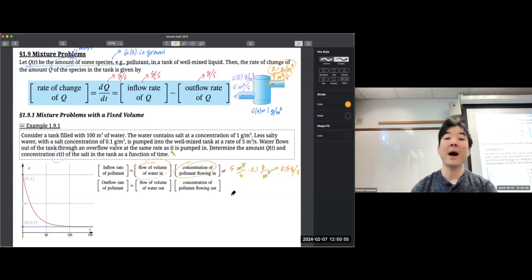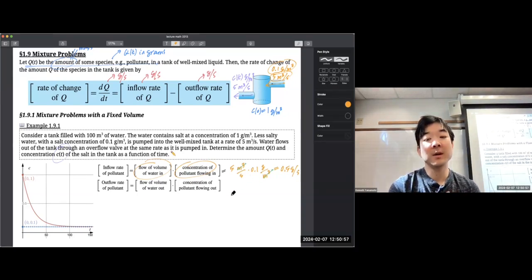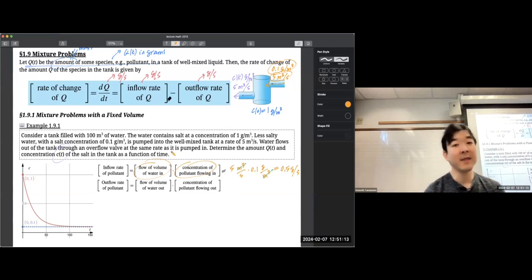This is like saying I have a concentration of 0.1 grams per meter cubed, and I'm pumping at a rate of 5 cubic meters per second. That means in every cubic meter there's 0.1 grams, so there's 5 of those being pumped in per second. So you have 0.5 grams of pollutant coming in per second, and that's going to equal this right here, 0.5.